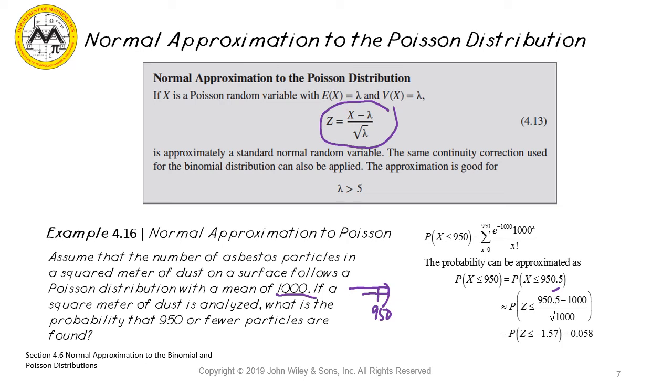So that would be 950.5 minus lambda over square root of lambda. So this would be the calculated probability. If you want the actual value, it would be from 0 to 950 of the Poisson distribution. However, the calculation for 0 to 950 is quite tedious, so it's not practical to solve using the exact method, because the approximation is approximately equal.